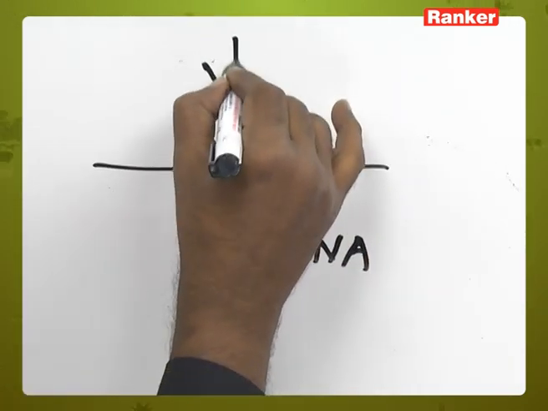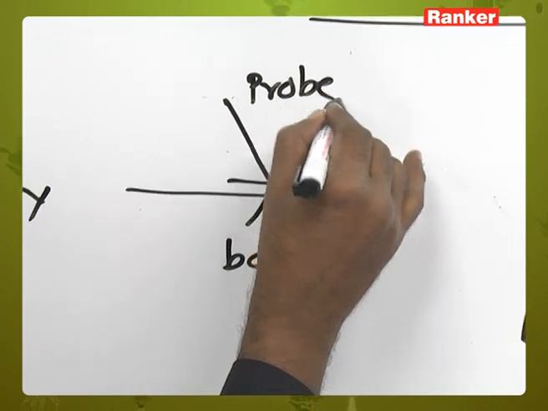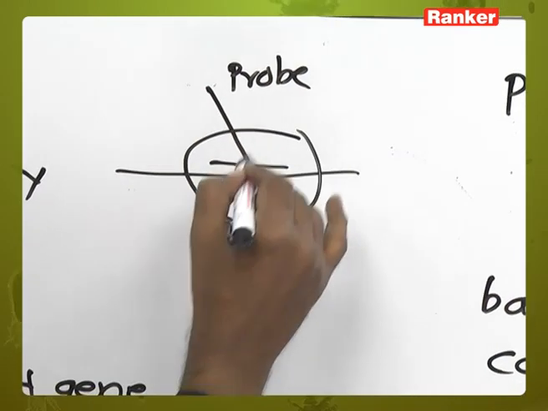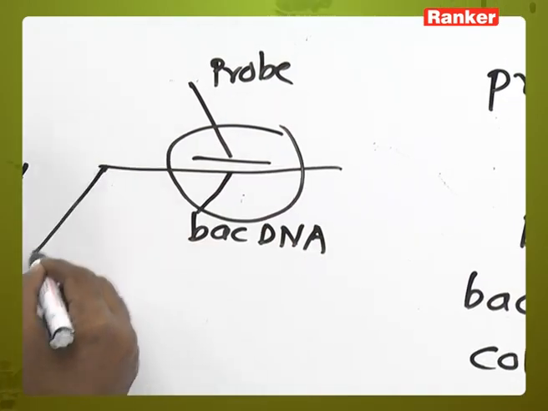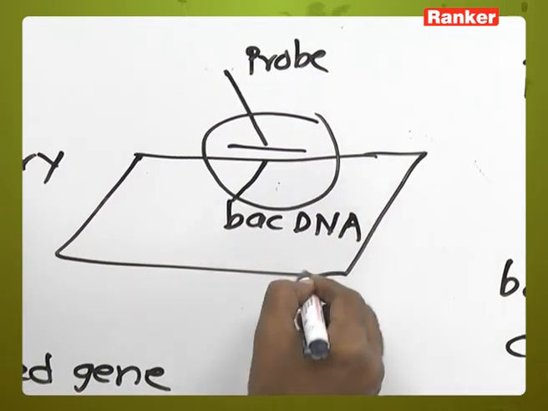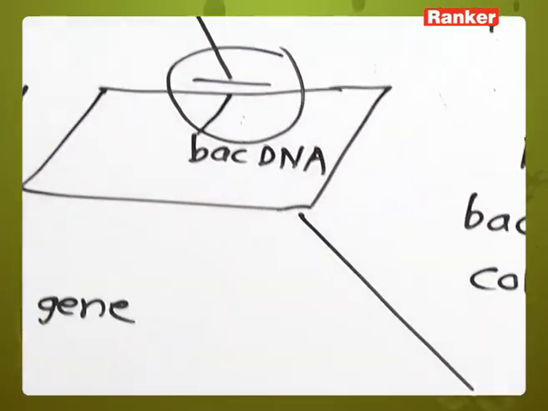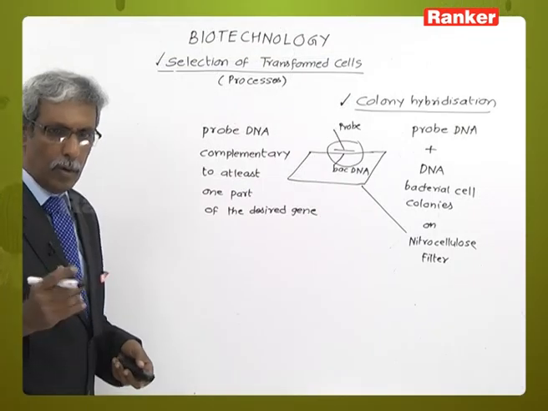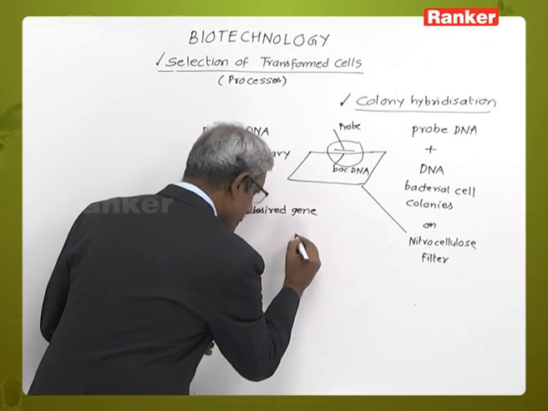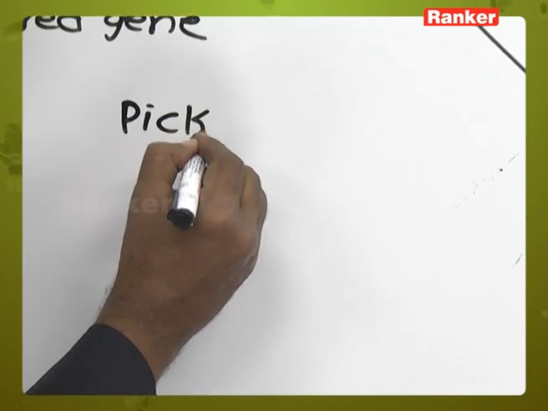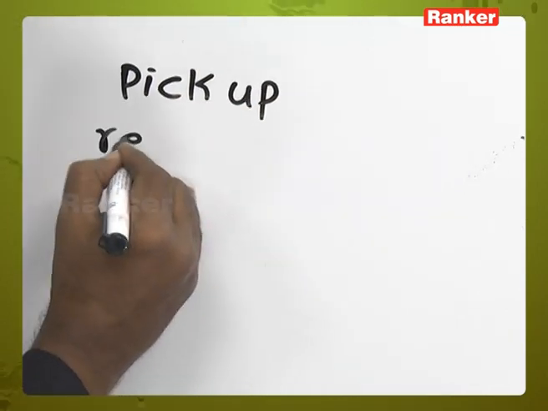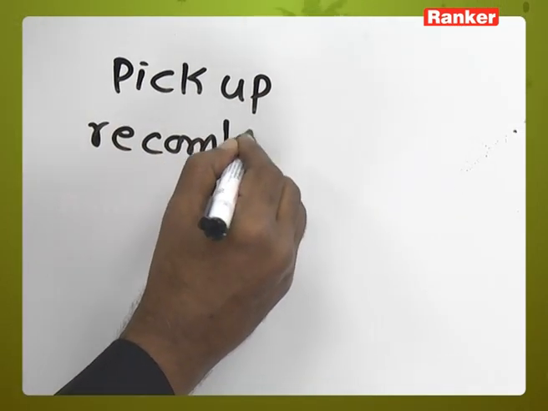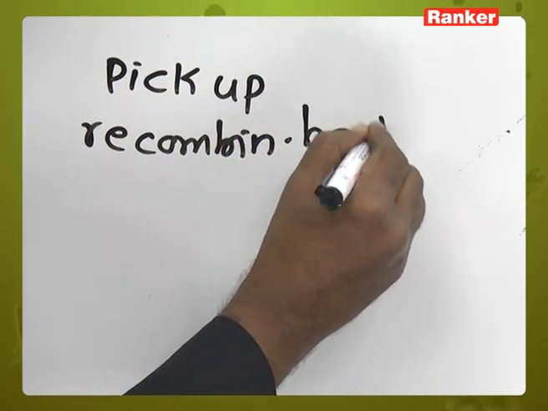You have a probe, the probe and the bacterial DNA will align itself. It will align itself on a film which is termed as a nitrocellulose filter. So, thereby we can pick up the recombinant bacterial colonies.